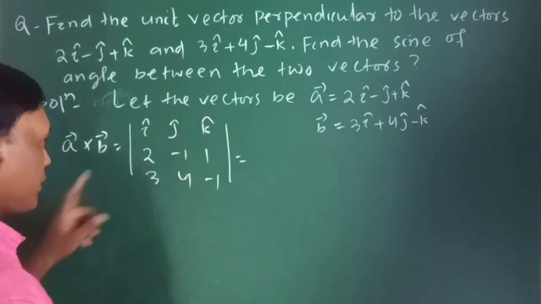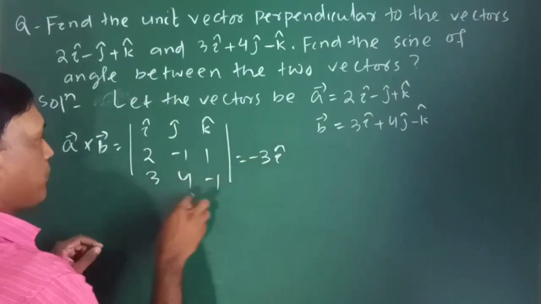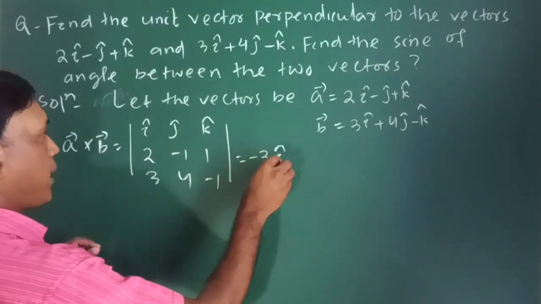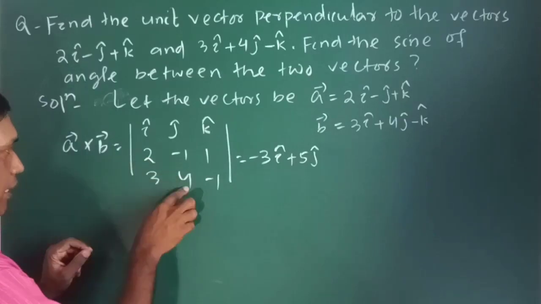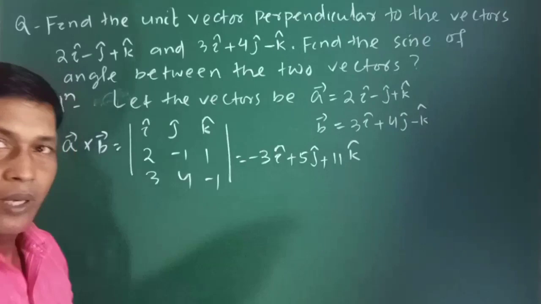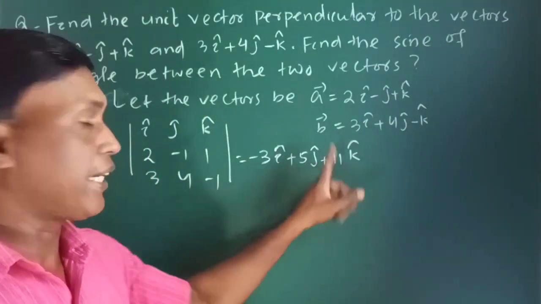This gives 1 minus 4, which is minus 3i cap, then minus 2 minus 3, which is minus 5, so plus 5j cap, and 8 plus 3 is 11k cap. You know how to expand the determinant; if you expand it, this is A cross B.